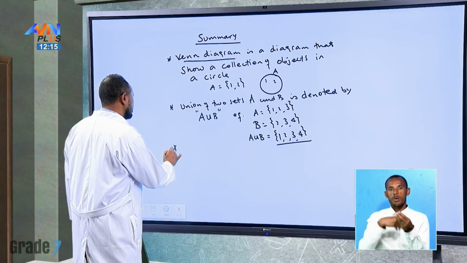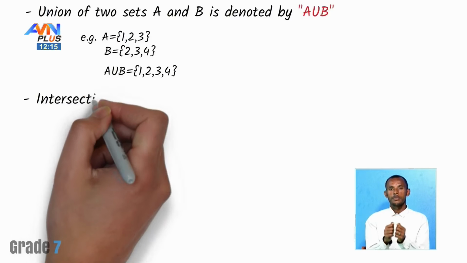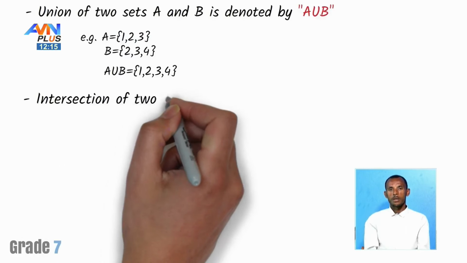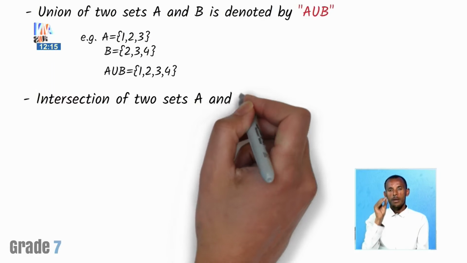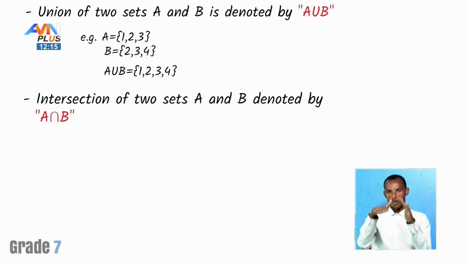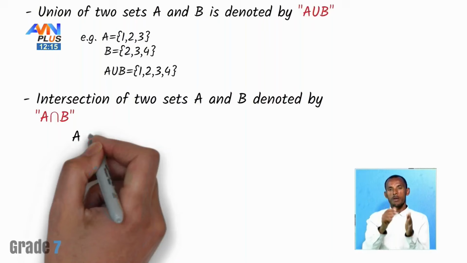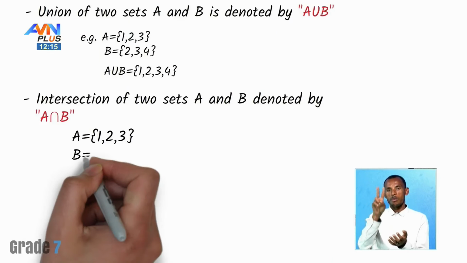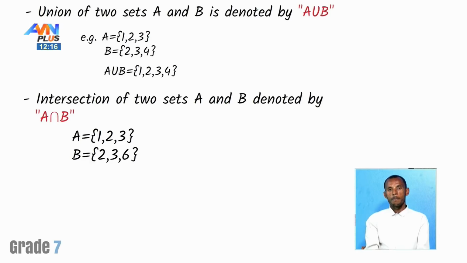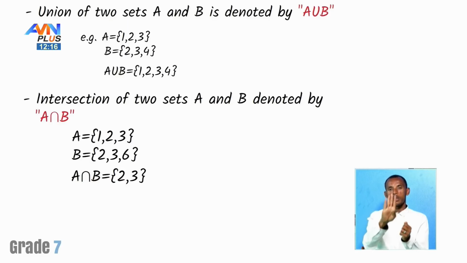And we have also seen about intersection. The intersection of two sets A and B is denoted by this symbol, A intersection B, meaning take the common elements of set A and B. Therefore, for example, if you have set A 1, 2, and 3, and set B 2, 3, 6, and you are asked to find their intersection, you simply take their common elements. 2 is common, 3 is common.